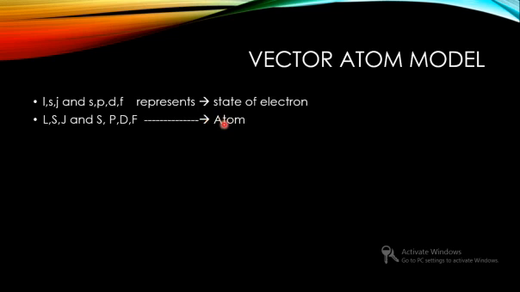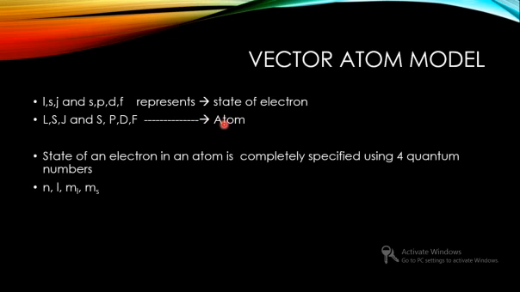So how do you obtain the state of an atom? That is by combining the corresponding vectors, and that combining can be done in different ways. For mentioning the state of an electron, not all the quantum numbers need to be mentioned.